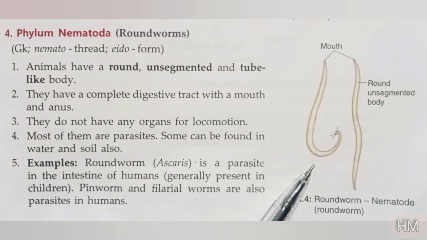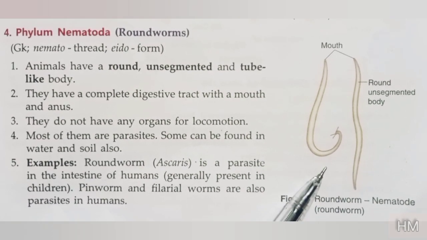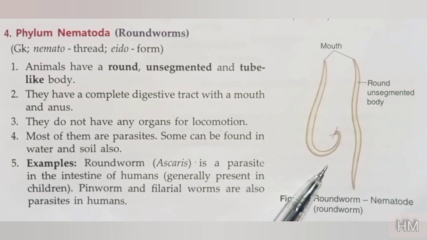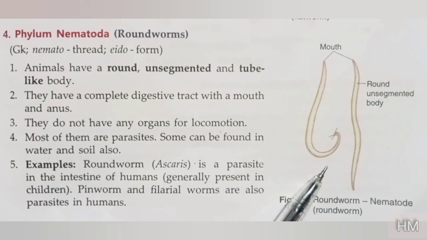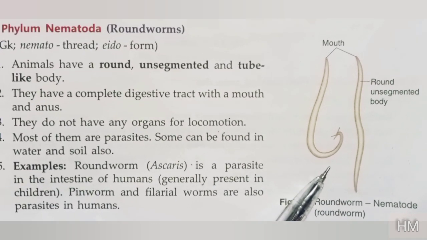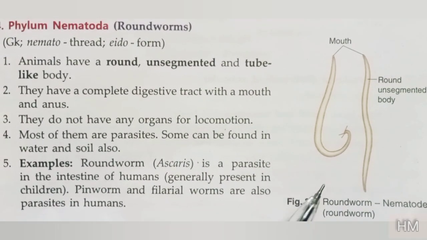And here also they are parasitic. That means mostly they are endoparasites found in host organisms. It could be humans, it can be animals. A very famous and familiar one is Ascariasis, which is found in the small intestine of humans.